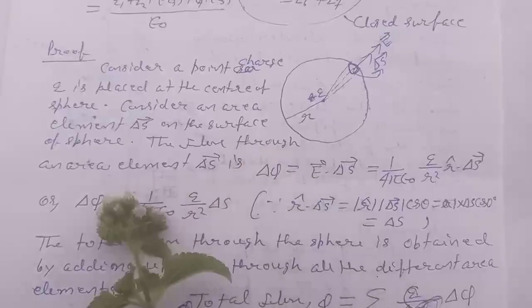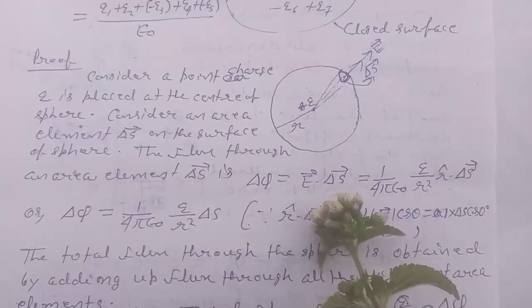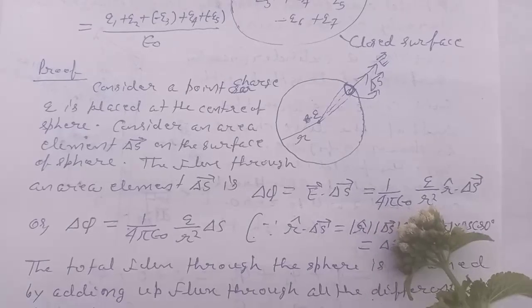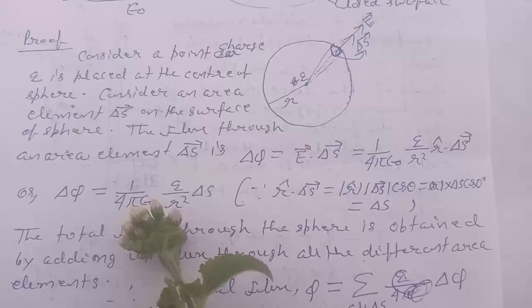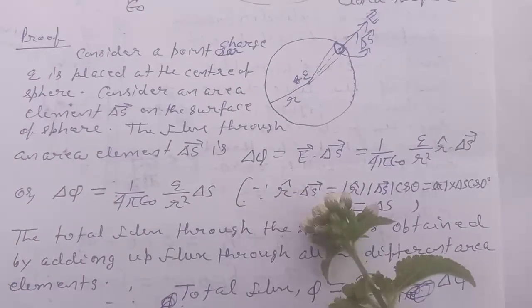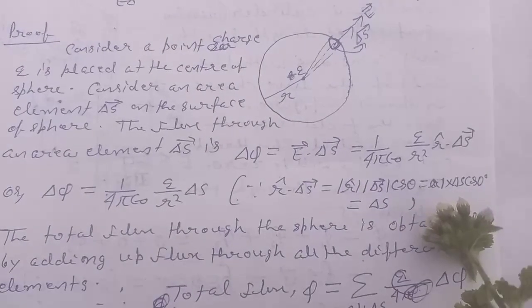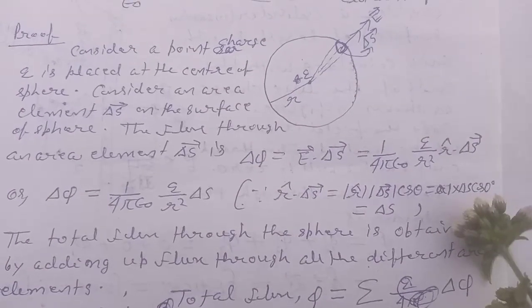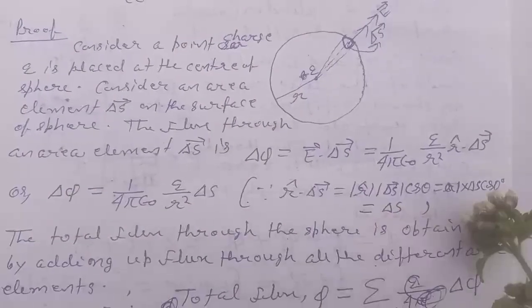The flux through the area element delta S is delta phi equals E vector dot delta S vector, equals 1 by 4 pi epsilon naught q by r square into r cap dot delta S vector, or delta phi equals 1 by 4 pi epsilon naught q by r square into delta S, since r cap dot delta S vector equals mod r cap into mod delta S vector into cos theta, or 1 into delta S into cos 0, equals delta S.